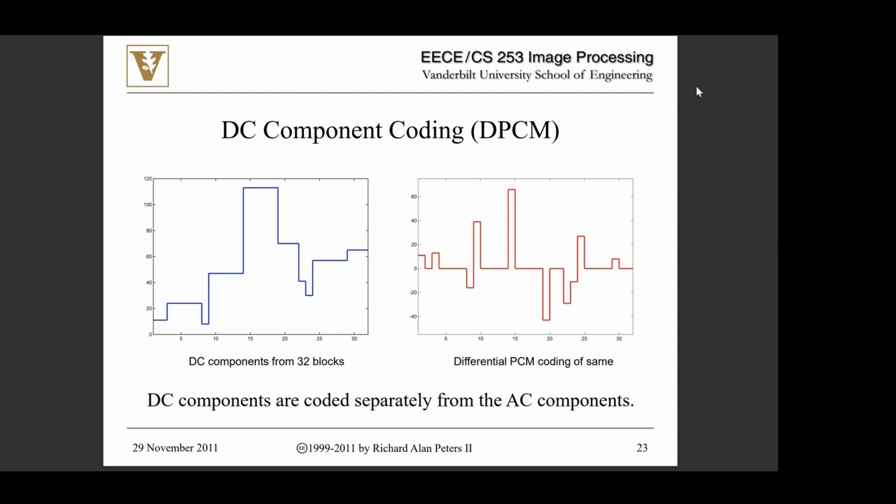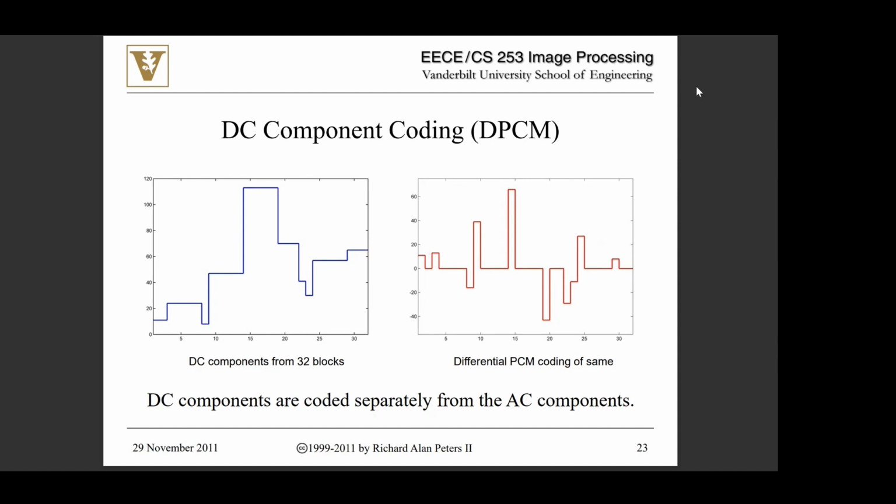But if instead of the components, you encode the difference, so you keep the first one, and then for the second, you give the difference to the first one, and for the third, the difference to the second, the information is the same, so you can recover the original signal from these differences.